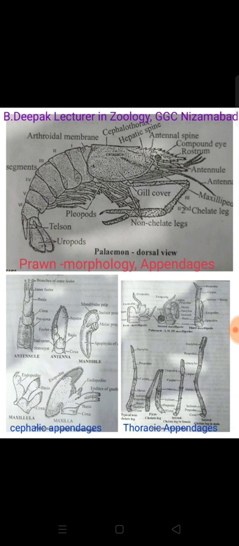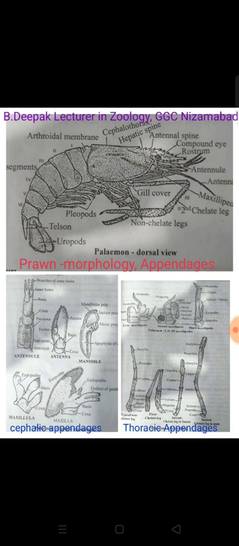The abdomen has 6 pairs of appendages, which are completely useful for swimming, and they are called pleopods or swimmerets.